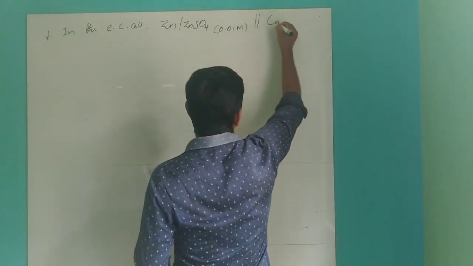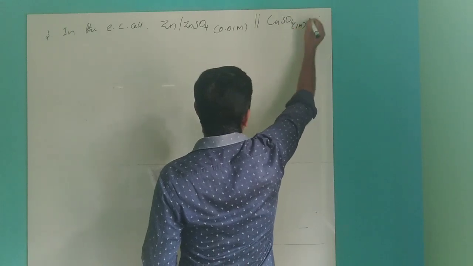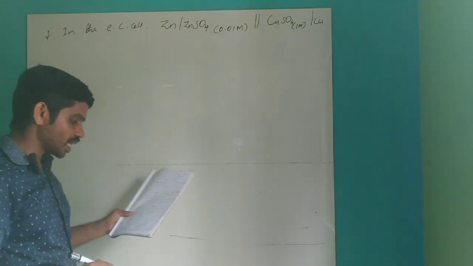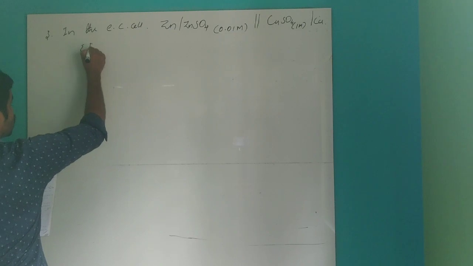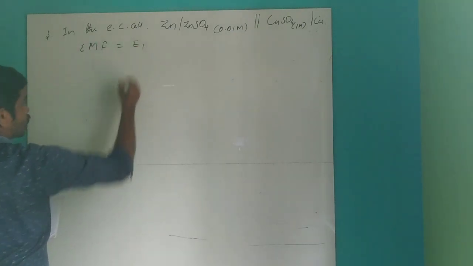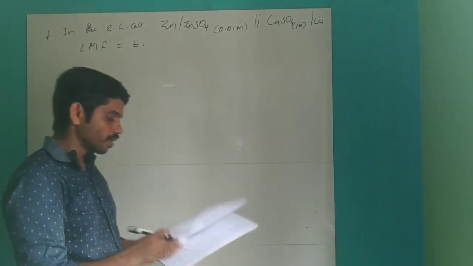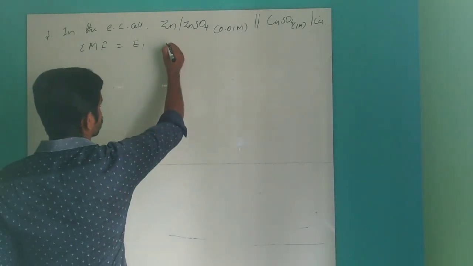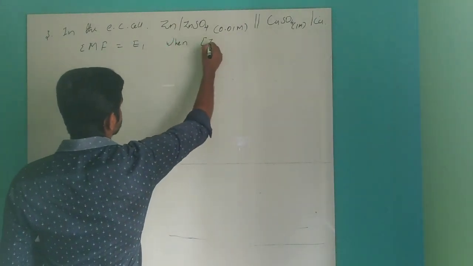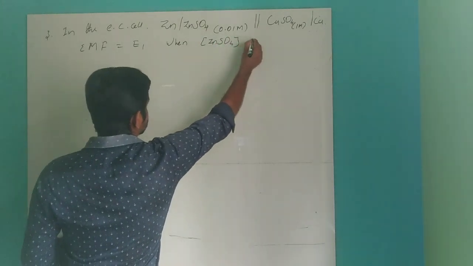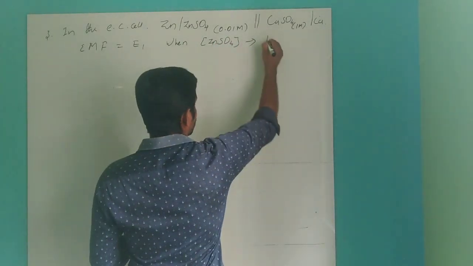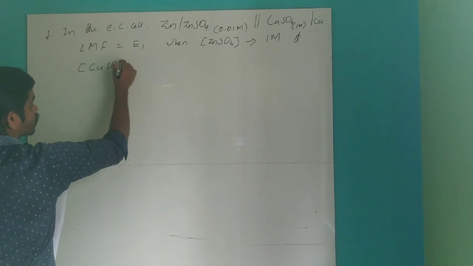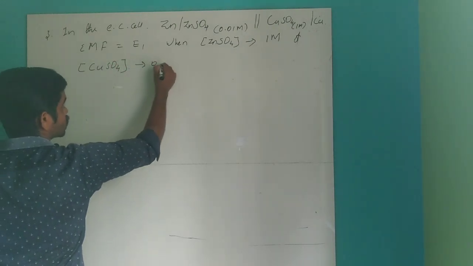Salt bridge, CuSO4 that is 1 molar, becoming Cu. The EMF of the cell is E1. Then the concentration of ZnSO4 changed to 1 molar and the concentration of CuSO4 changed to 0.01 molar.